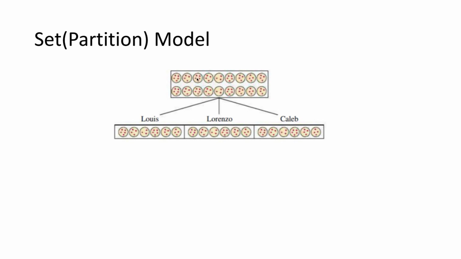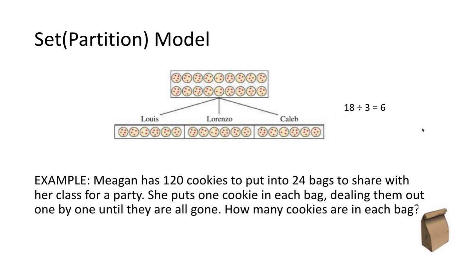So 18 cookies can be grouped or partitioned as 3 groups, and in each group or each set, you have the same number of cookies, which is 6 in this case. That is the set or partition model. So you are breaking that 18 into equal groups, equal sets, or equal parts.